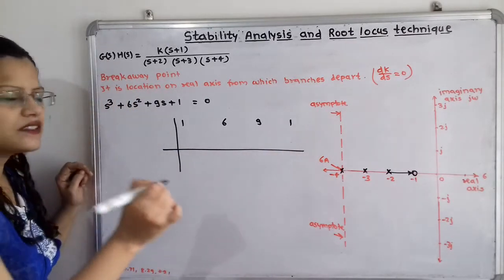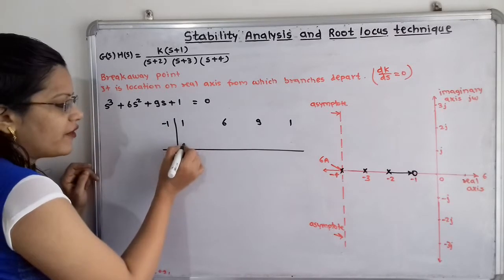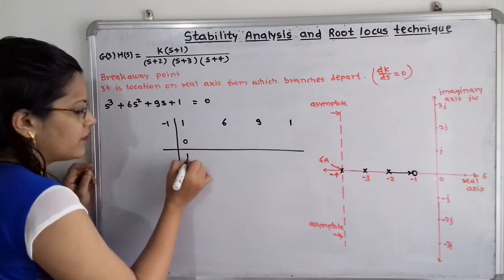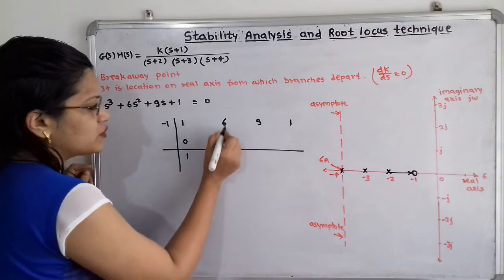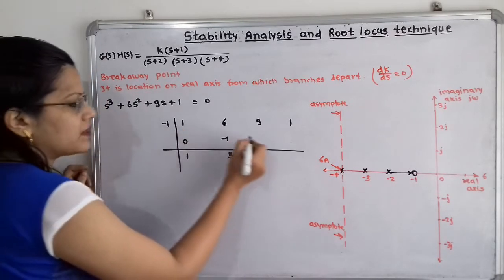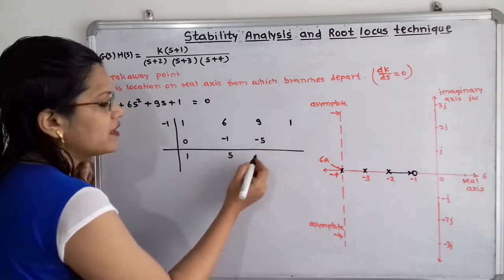Now approximately, suppose I take here minus 1. Then first number we have to take 0. So 1 plus 0, that is 1. So 1 multiplied by minus 1, that is minus 1. So 6 minus 1, that is 5. So 5 multiplied by minus 1, that is minus 5. So 9 minus 5, that is 4.